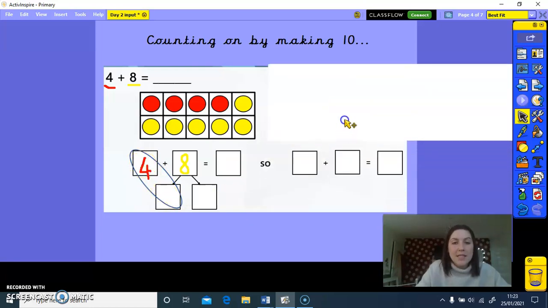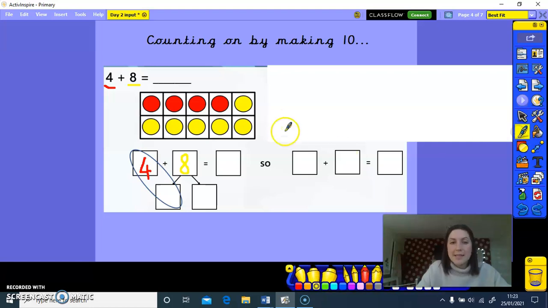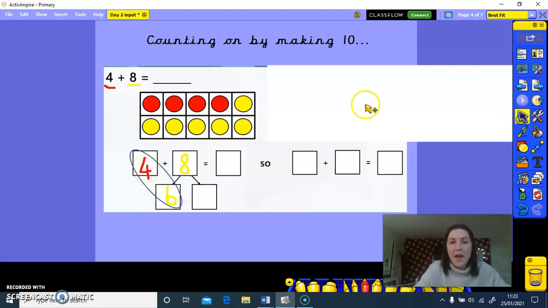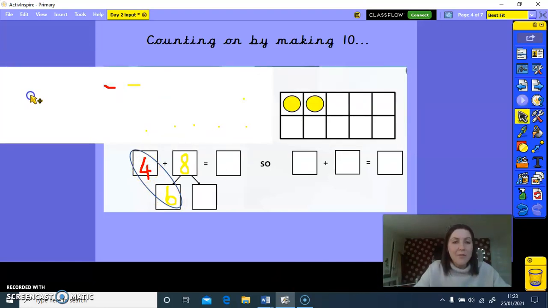Let's look at our tens frame. I've got 4 red, but how many yellow are added to get to 10? Let's have a count. 1, 2, 3, 4, 5, 6. And is that correct? Do we know that 4 and 6 make 10? Brilliant job. Okay, and then what are we left with over here? 2.